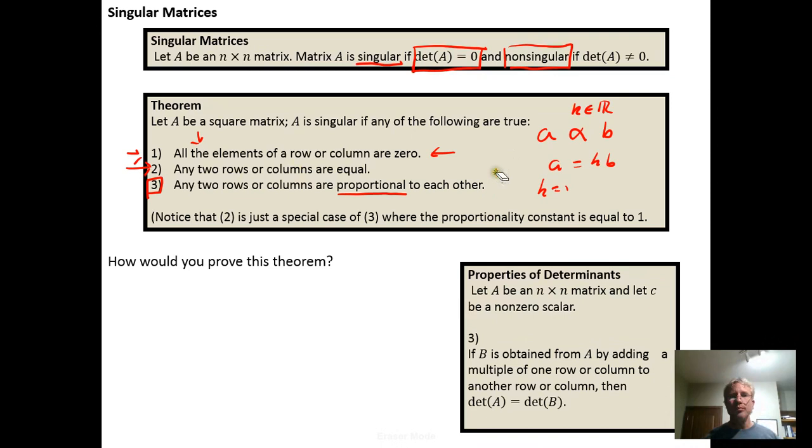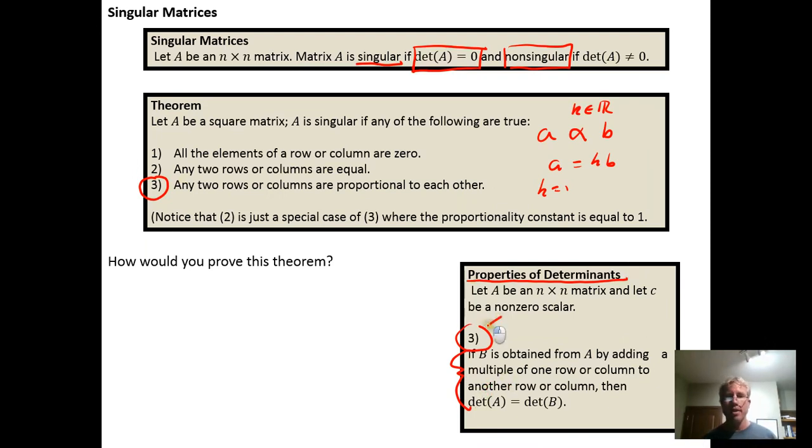And you're going to be asked to prove number 3 in the homework. And so what we want to talk about is how you might prove that. The hint that I'm going to give you is that you should be able to use property 3 of the properties of determinants to come up with a very simple proof for why one column or row being proportional to another will generate a singular matrix.